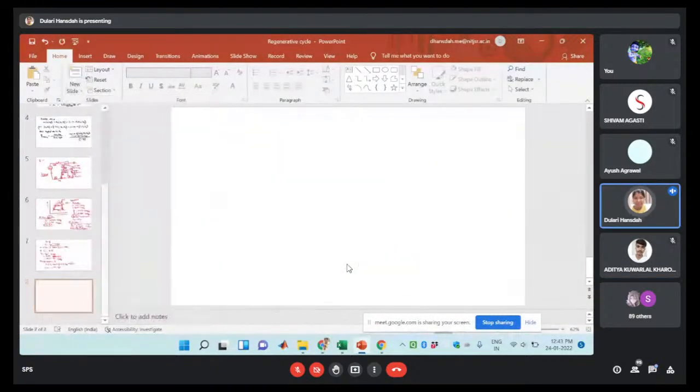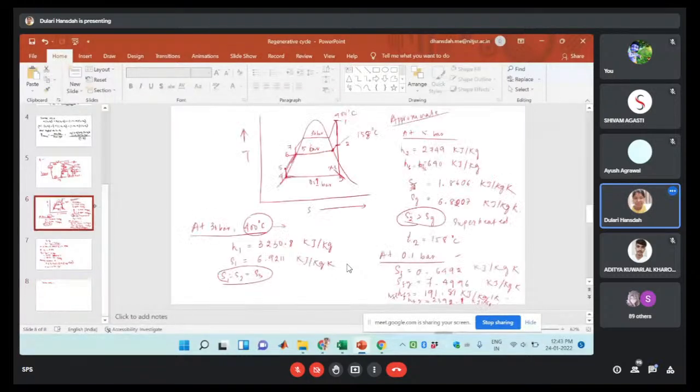So now you can find out what is the turbine work. What is the turbine work?